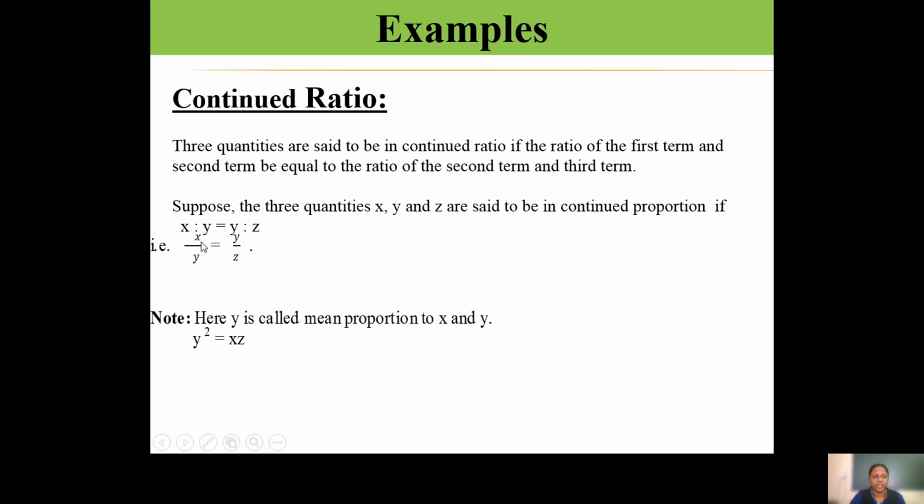We write this in the form of fractions: x upon y is equal to y upon z. Here y is called the mean proportion to x and z, because on cross multiplication we get y square is equal to x into z. So this y is called the mean proportion.